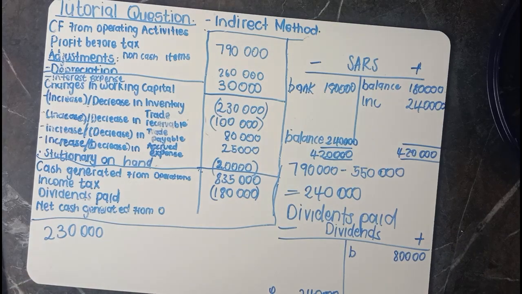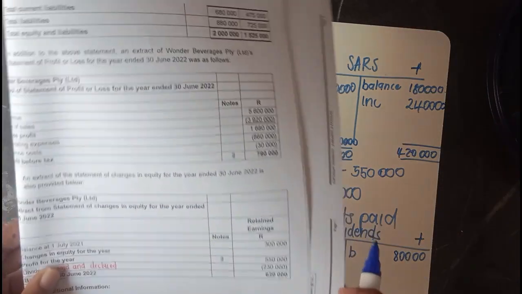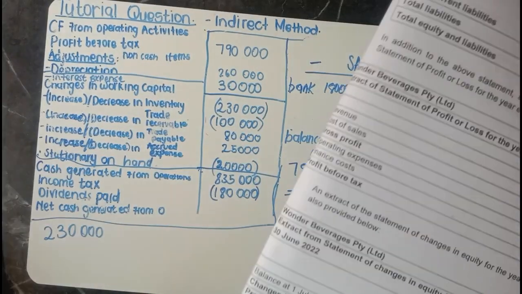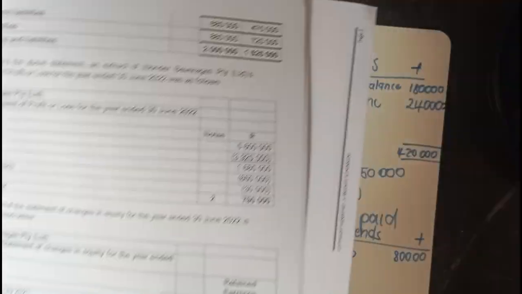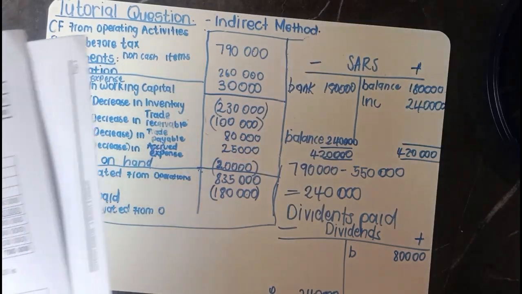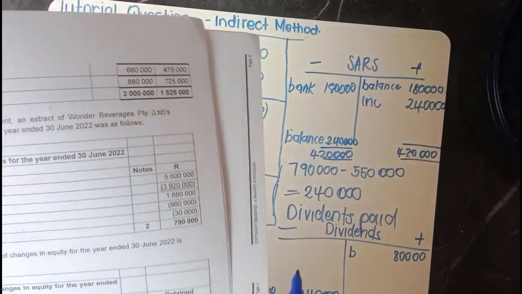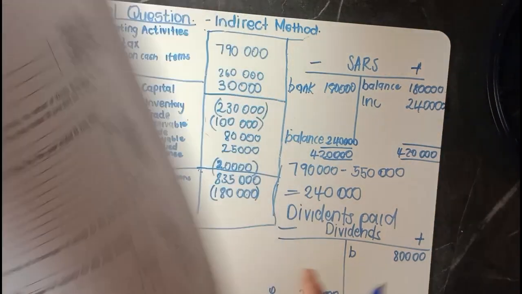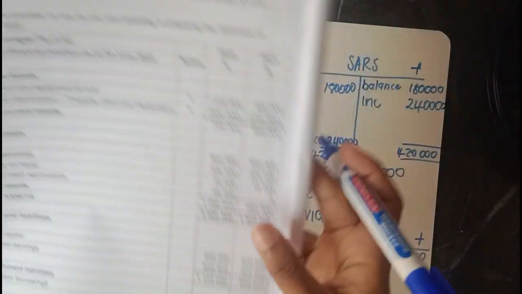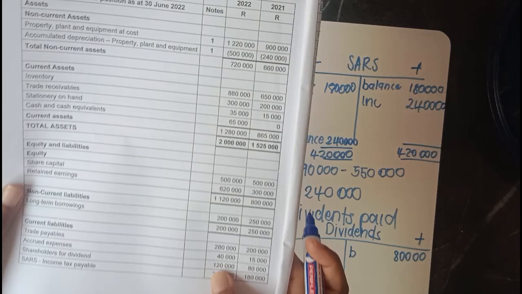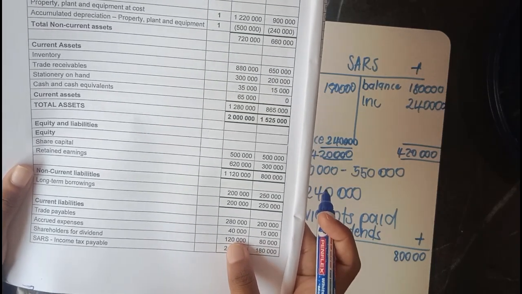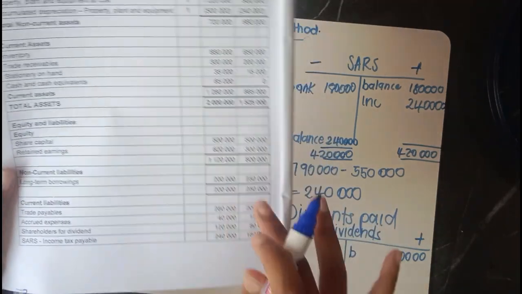So let's start here with 230,000. From the 230,000, you're going to subtract 120,000. Where do we get this 120,000? We go back to this side. Shareholders for dividends at the end of the year declared is 120,000. These are the declared ones. These are the ones we're still owing, hence they're under liabilities.